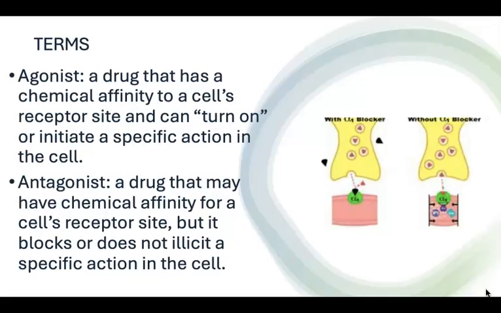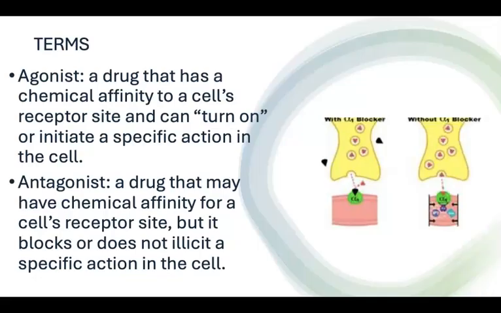So when you think about nitroglycerin, our example again, it's binding to the muscular structure of the vessels, and its action by turning on those cells is vasodilating. It's causing those vessels to spread out and open up a bit more so that blood flow then can get to the heart.